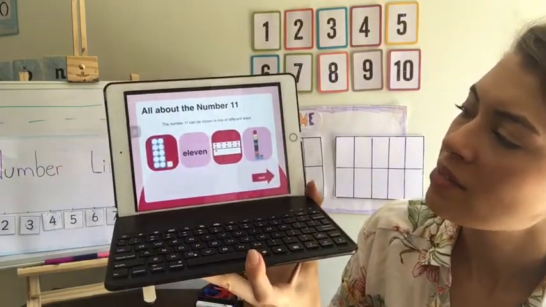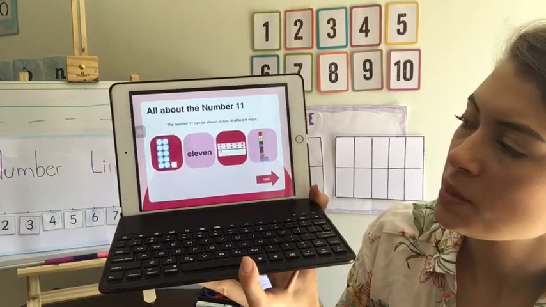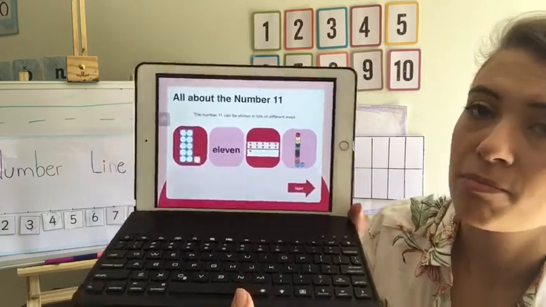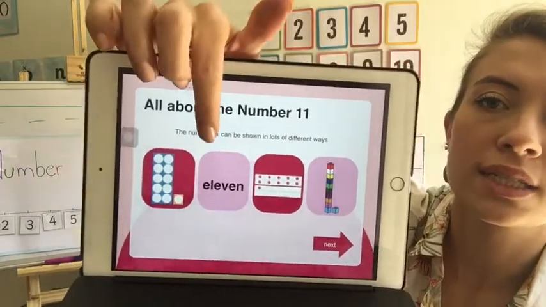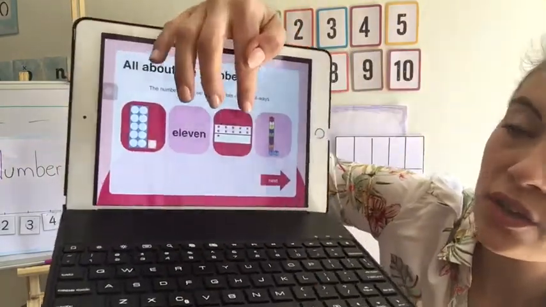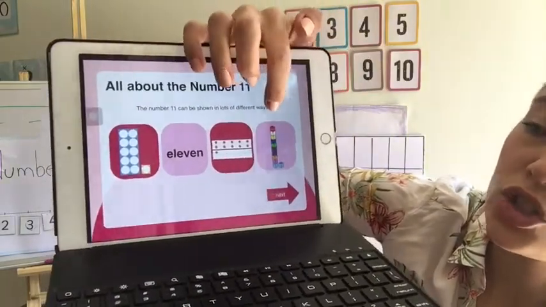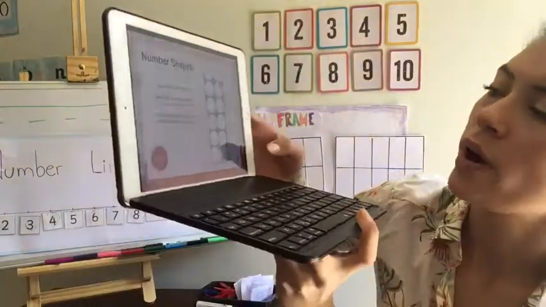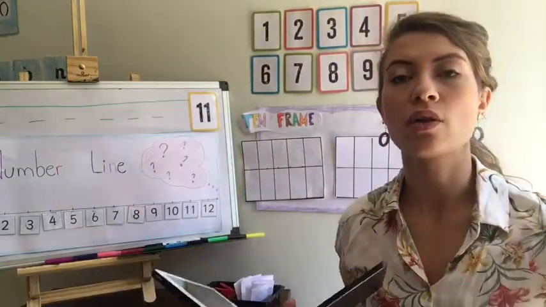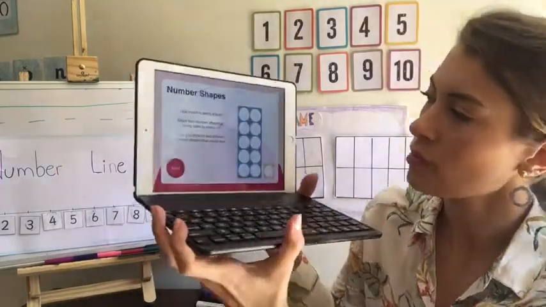The number 11 can be shown in lots of different ways. For example, we can write 11, we can represent 11 like this, we can show it in the 10 frame, and we can show it with blocks. Well, we can show the number 11 in a lot of ways, as I already told you.